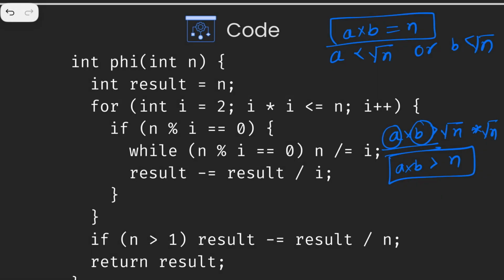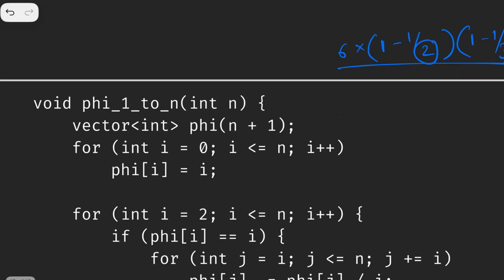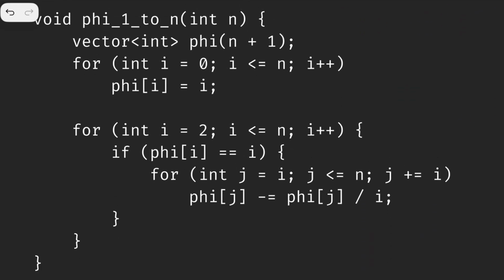If you look at these two codes, in the first we are computing a single phi of n. So we are computing all of its prime factors and then we are updating the value of the result. But in the second case, we are not directly computing all of the prime factors. Rather, once we know that i is a prime number, we go to all its multiples and update that phi value based on this i, right?